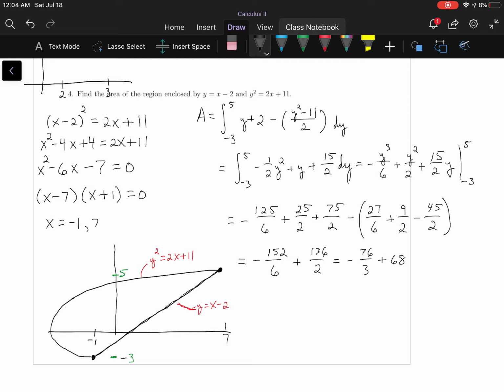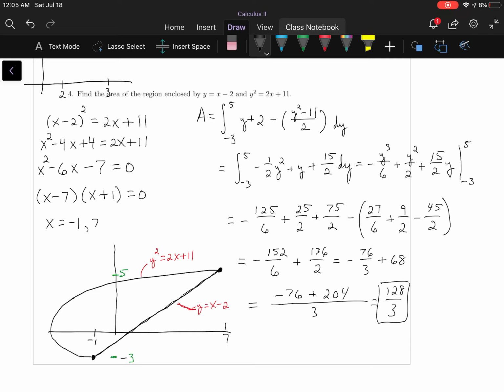Putting 68 with a common denominator of 3. Let's see, negative 76 plus 68 times 3, that's going to be 180, and it's going to be 204 over 3. And when we simplify this, we've got 128 over 3.